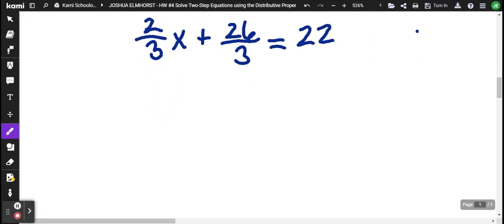So now that we've distributed it, we're going to flow down, going through our 2-step process. The opposite of adding 26/3 is going to be subtracting 26/3.